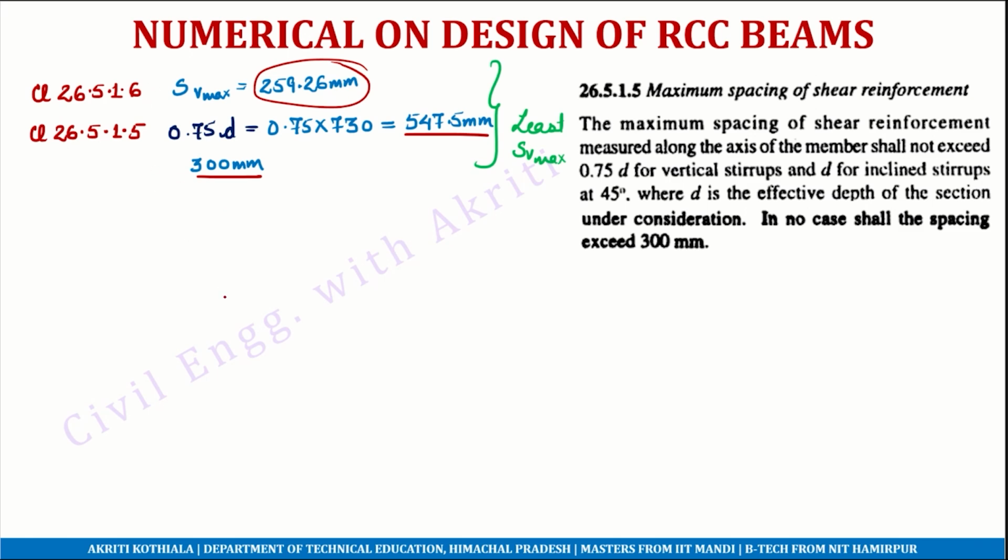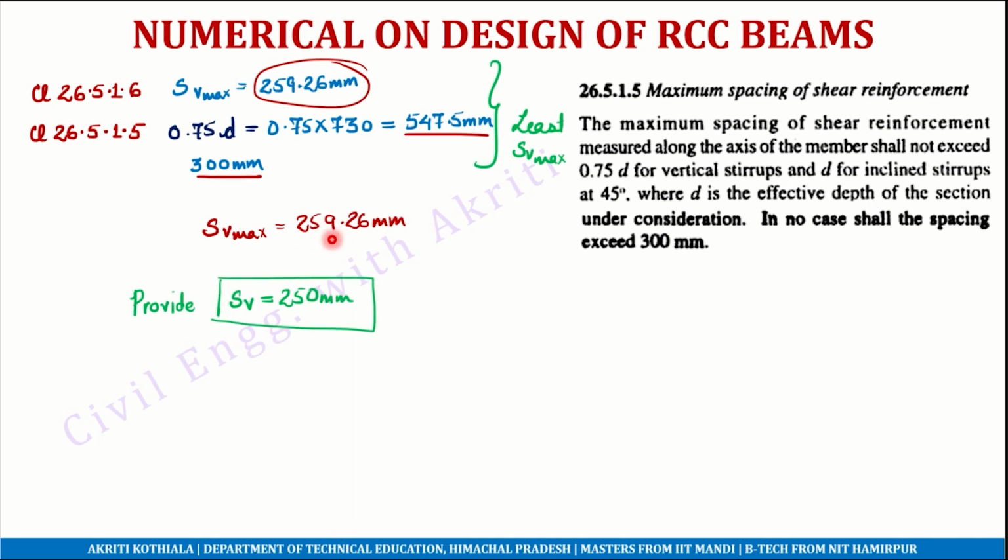So selecting SV max is equal to 259.26 mm. However, we cannot provide a value of spacing in decimal in the field, so we will provide a value of spacing between the stirrups equal to 250 mm. Why am I taking 250 mm and not rounding it up to 260 mm? Because 259 is the maximum value.